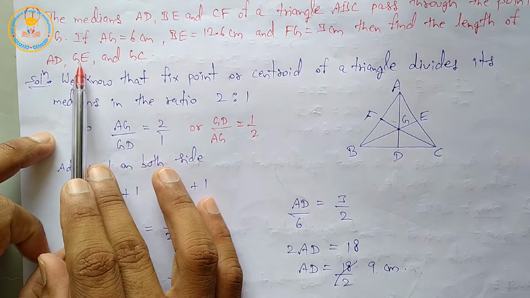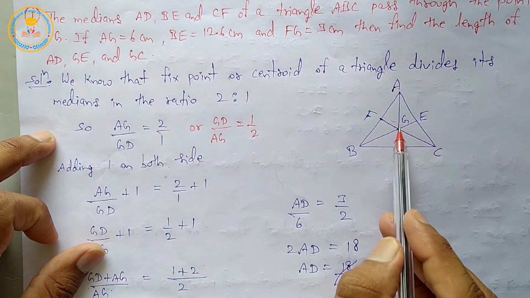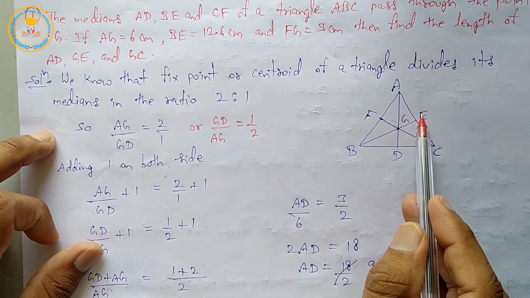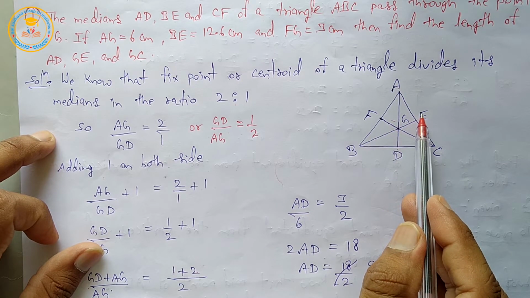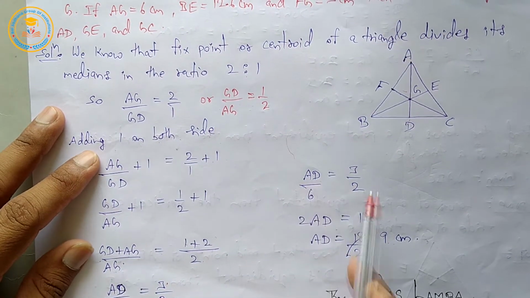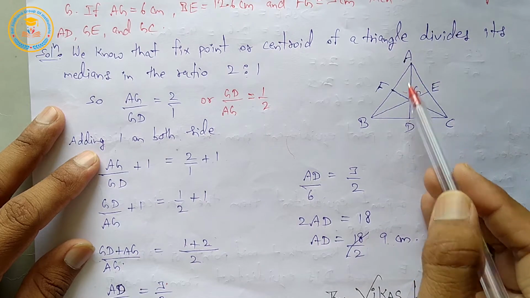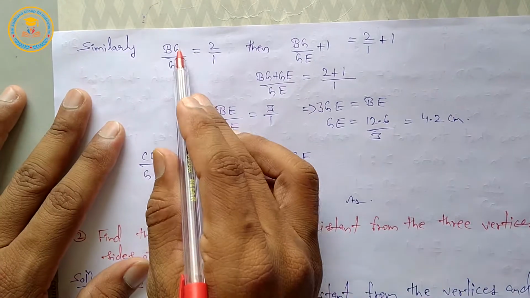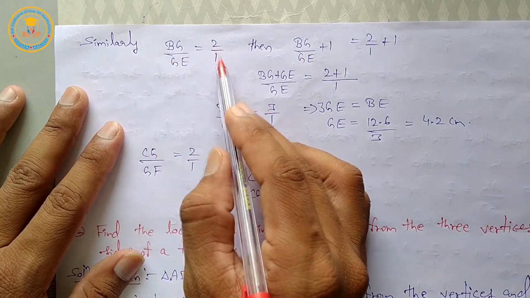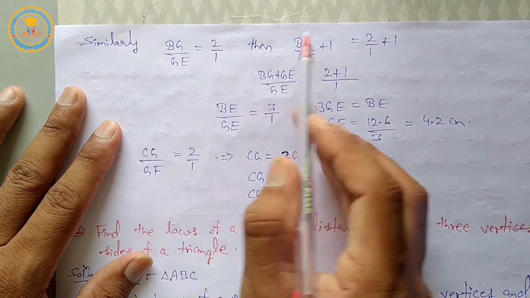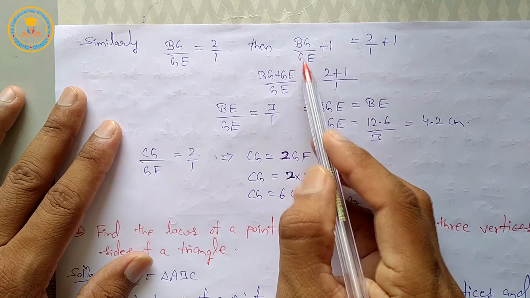We know that, then adding +1 on both sides. Taking LCM, which is GE, so BG plus GE divided by GE. Here LCM is 1, so 2 plus 1. BG plus GE is the total part BE. So BE upon GE equals 2 plus 1, 3 upon 1.